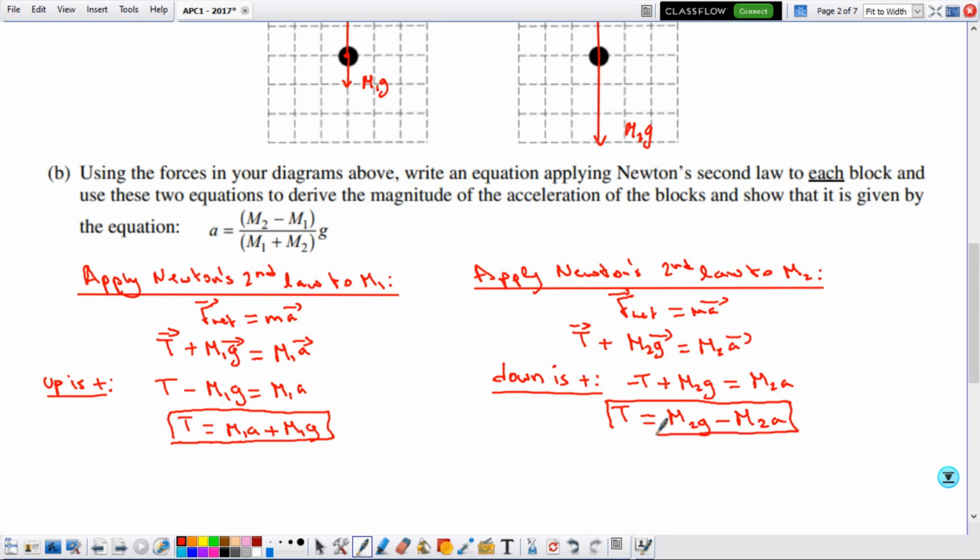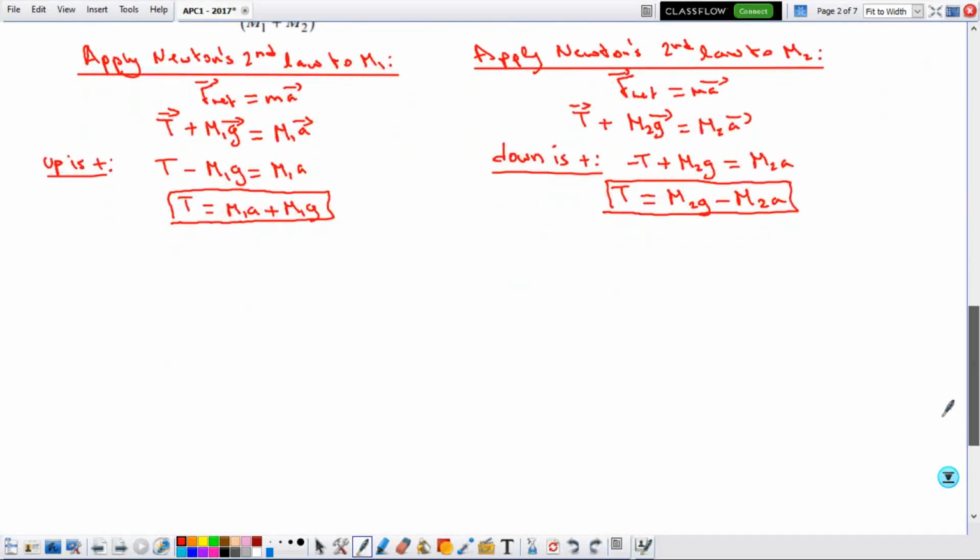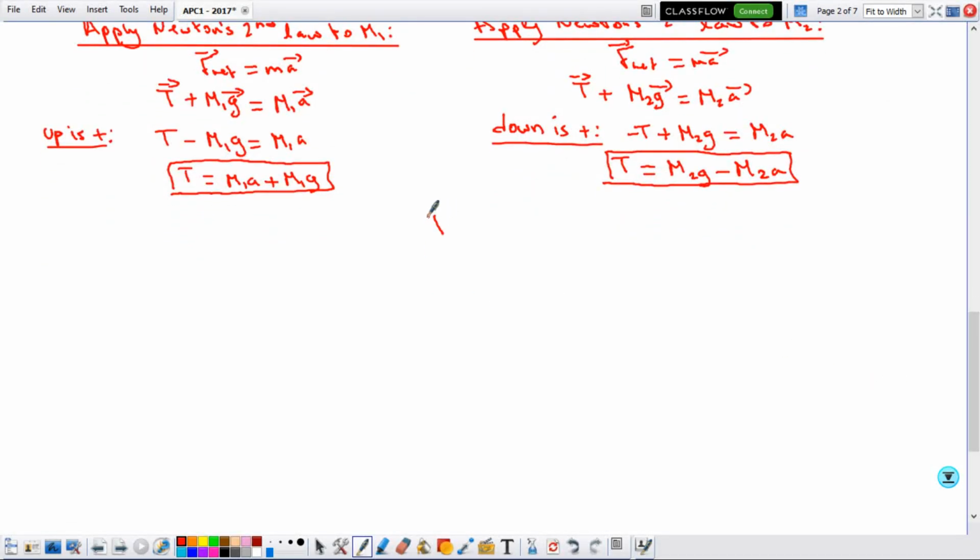These two tensions are equal due to the assumptions given in the exercise. Tension equals the tension, that would be M1A plus M1G equals M2G minus M2A, and we're solving for the acceleration.